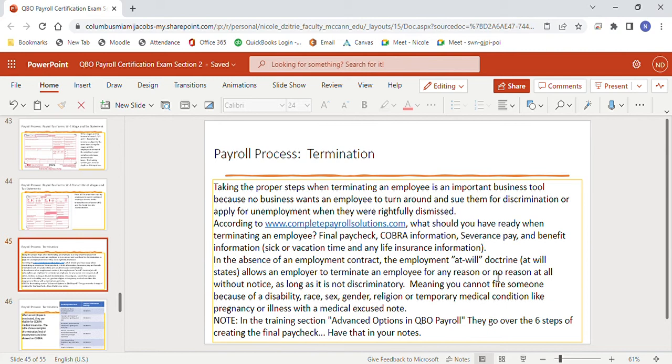In the absence of an employee contract, there's the employment at will doctrine, and that's what we call at will states. So Pennsylvania, where I work, is an at will state. That allows an employer to terminate an employee for any reason or no reason at all without notice, as long as it's not discriminatory.